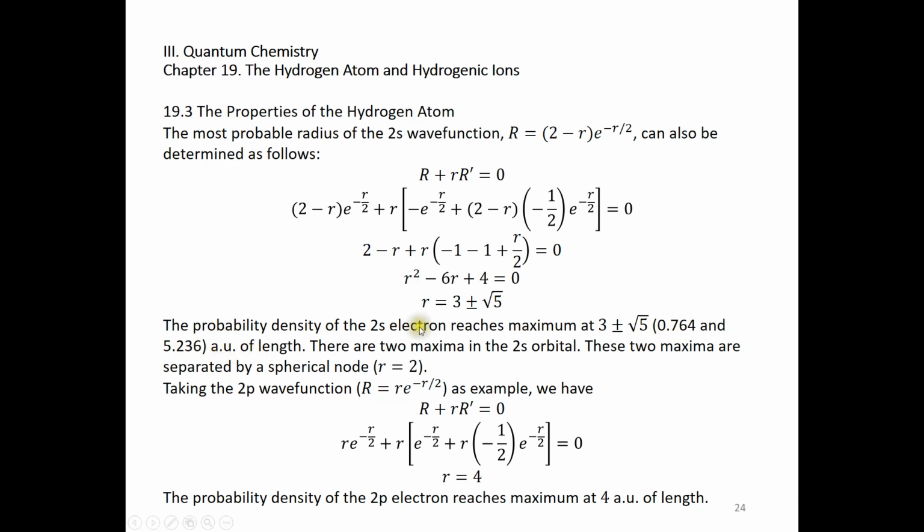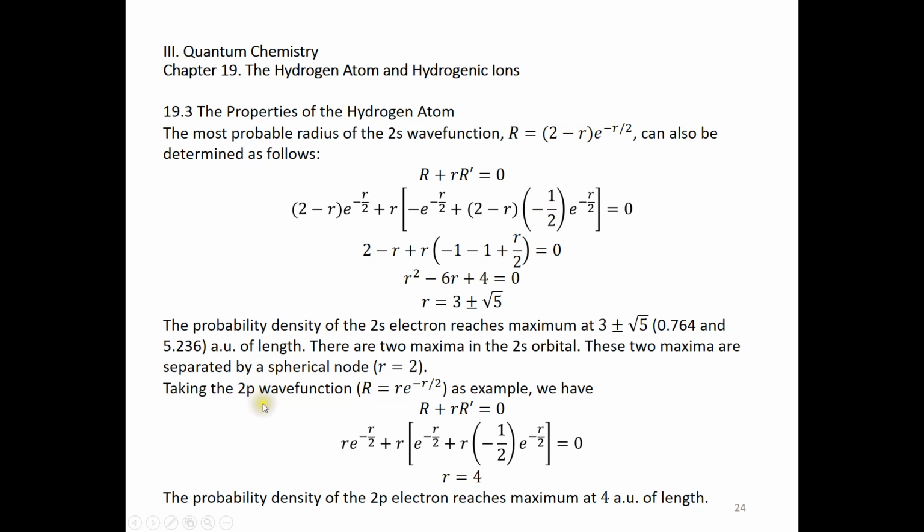Again, there are two maxima in the 2s orbital. And between these two maxima, there's a node, a spherical node. I think we determined this spherical node before. When r equals 2, we have a spherical node. Oh, by the way, if you just set this to 0, r is equal to 2 to have this spherical node. So that's pretty easy.